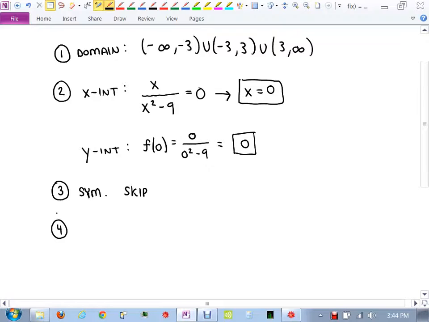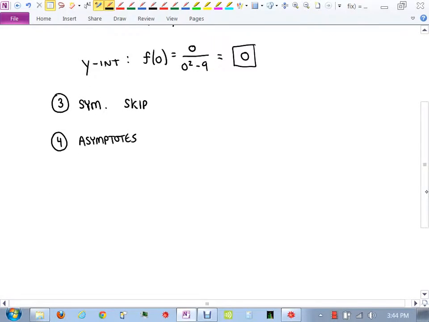Okay, find asymptotes. What type of asymptotes are there? There's two that we usually study in college algebra. Vertical and horizontal. Okay, where do vertical asymptotes occur? They're vertical dotted lines, right? But where do they occur?